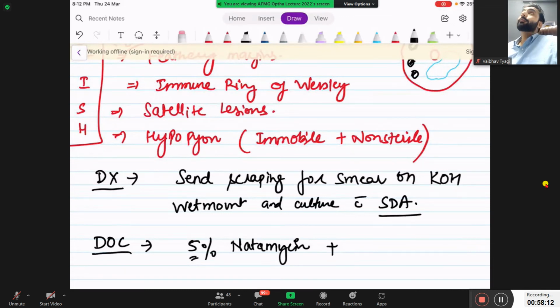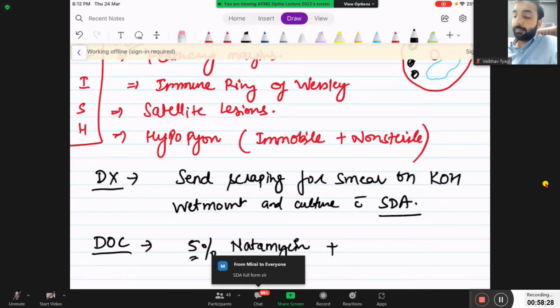In fungal corneal ulcer, which other drug do you have to give despite the antifungal? Message me in the chat box which other drug you have to give despite natamycin. SDA is Sabouraud dextrose agar.